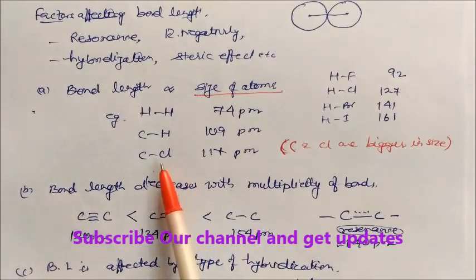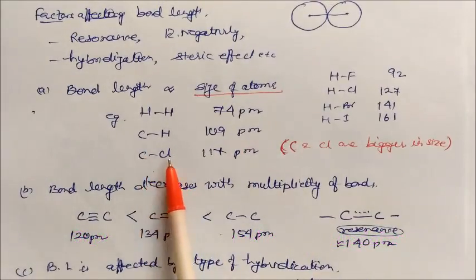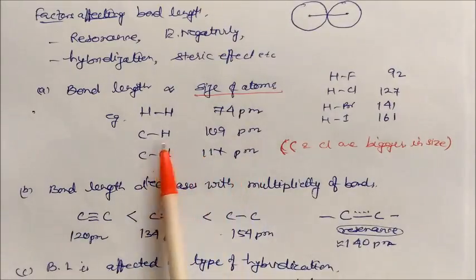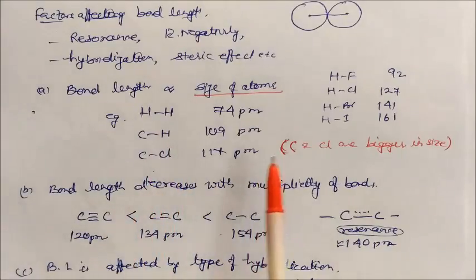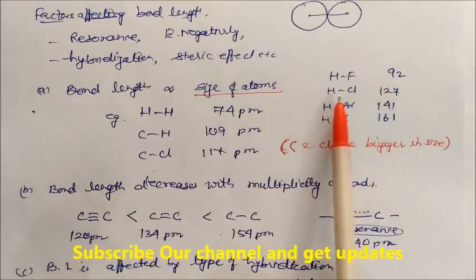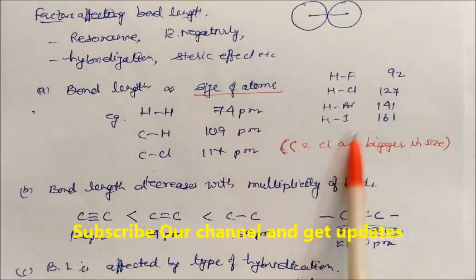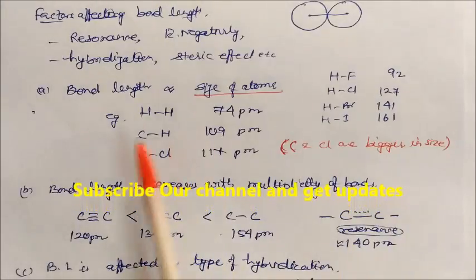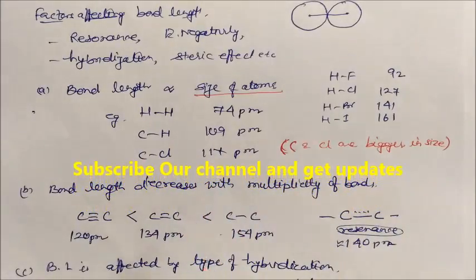For chlorine, carbon combined with chlorine, the chlorine is again larger than carbon, so bond length is again increased: 170 picometer as compared to C-H. Within the halogens, HF is 92, and as the size of chlorine and bromine increases, the bond length increases. Carbon and chlorine are bigger in size here, so the bond length definitely increases.